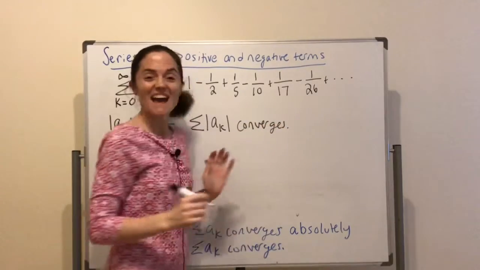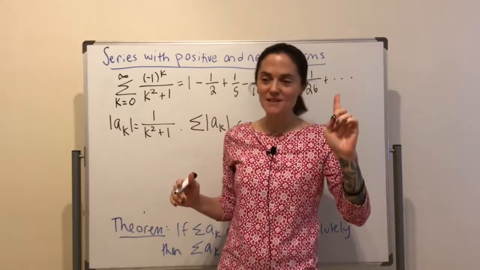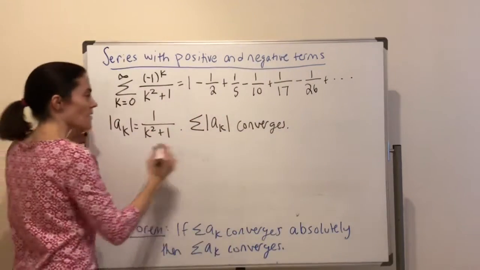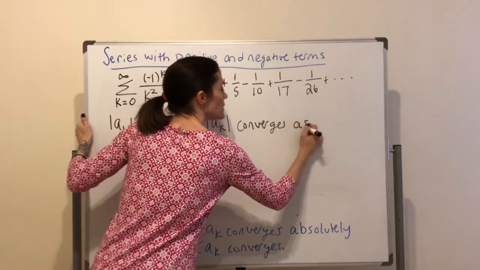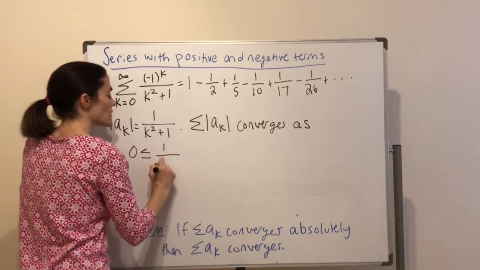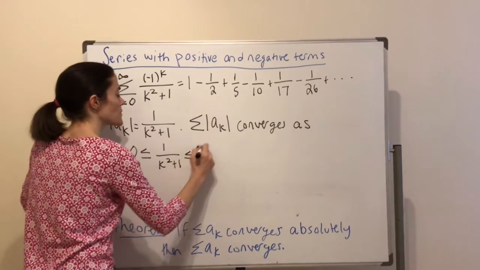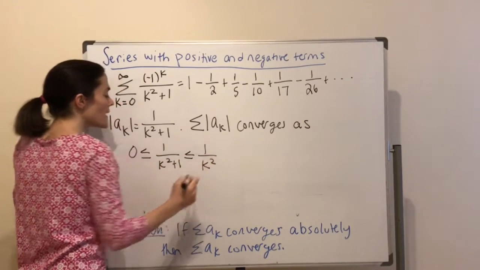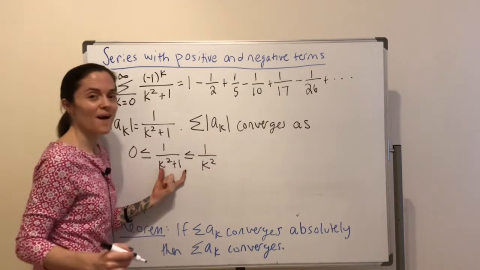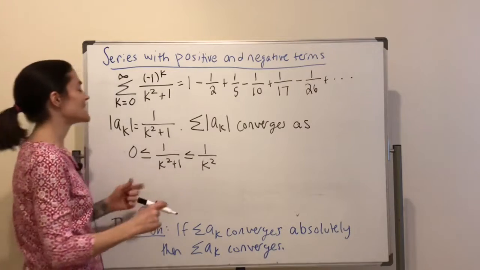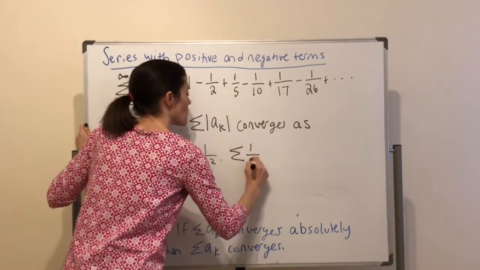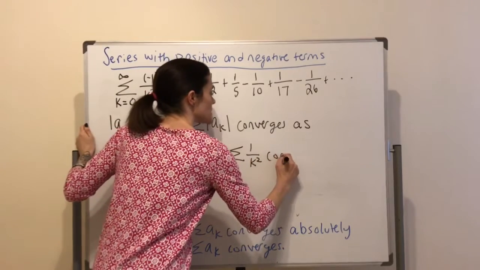Well, we have some choices. What am I going to do? The easiest thing for me, comparison. Okay, so we have 0 less than or equal to 1 over k squared plus 1 less than or equal to 1 over k squared. Why is this less than or equal to true? We have a larger denominator, smaller fraction. Okay, and then this series converges. It's a p-series.